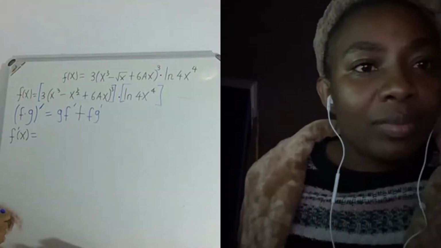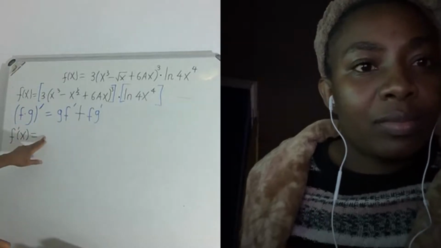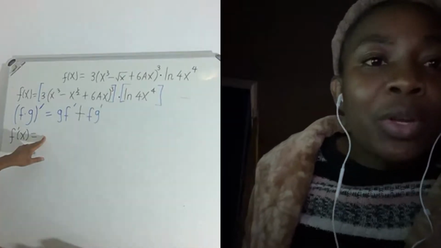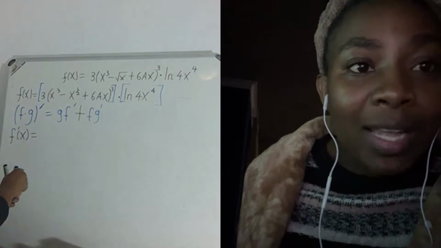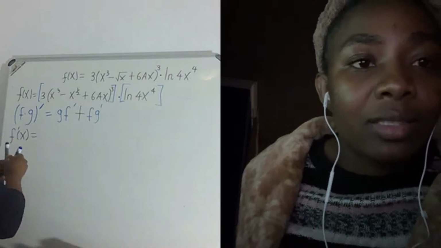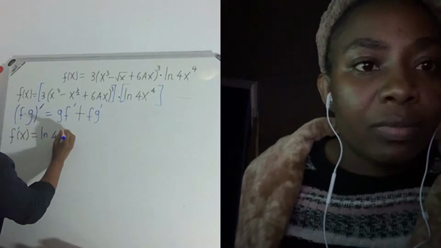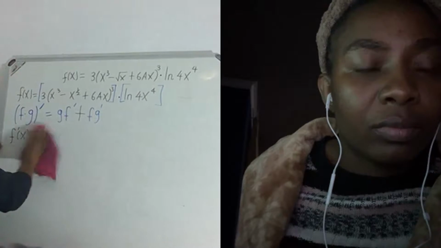So now we say f prime, and then what are we going to write here next? Tell me now, I want to see if you understand. We're going to put ln 4x to the power 4 as it is, constant. Let me do this, because this is going to be long, so I want to write everything on this line.